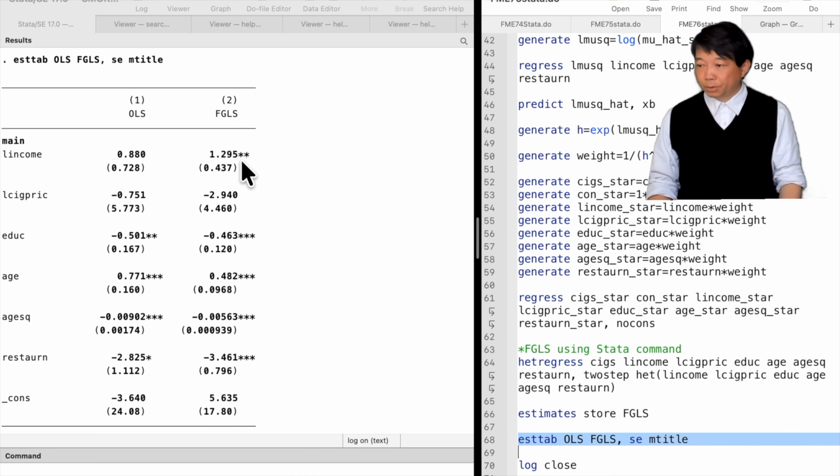If income increases by 10%, a person smokes 0.13 more cigarettes per day, approximately 47 more cigarettes per year on average. The price effect is also bigger, but it is still statistically insignificant at any reasonable level. The other estimates have no substantial changes.